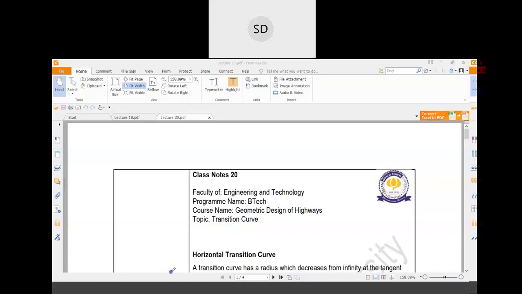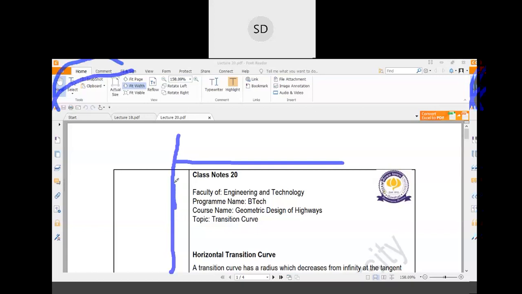Suppose a road is there and another road connects over there, and you need to form one circular curve over there.